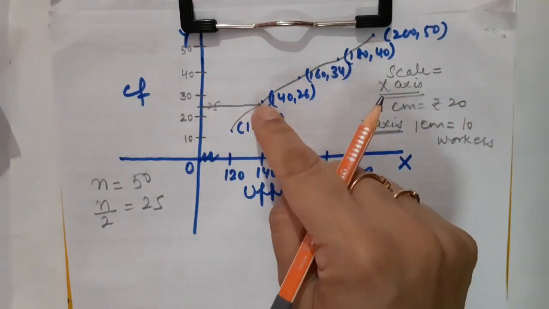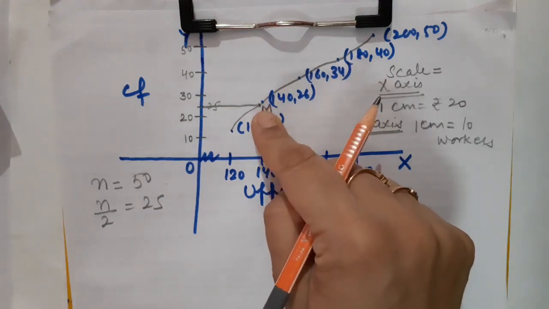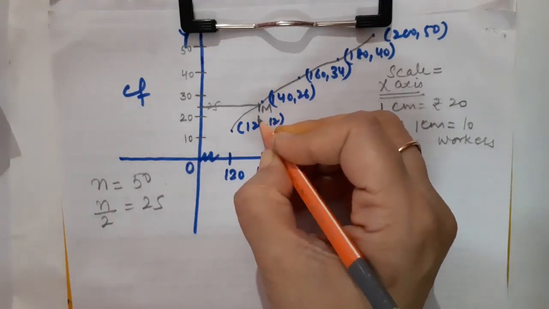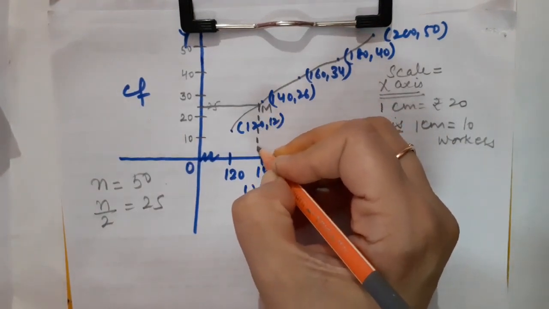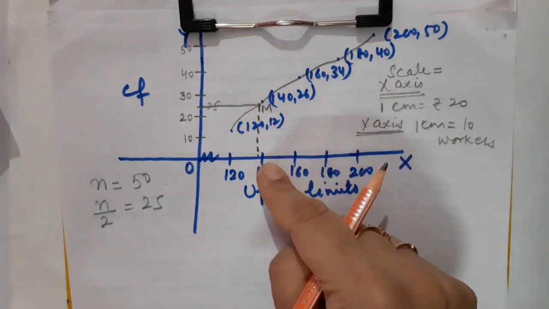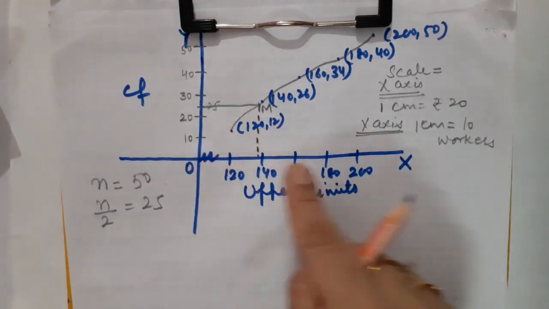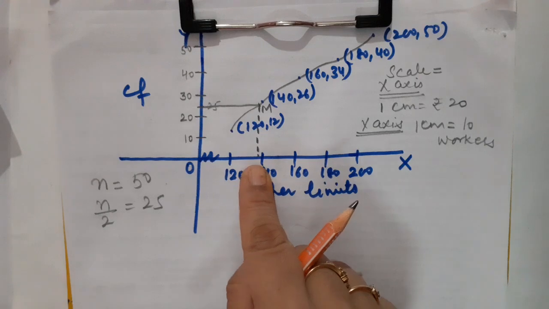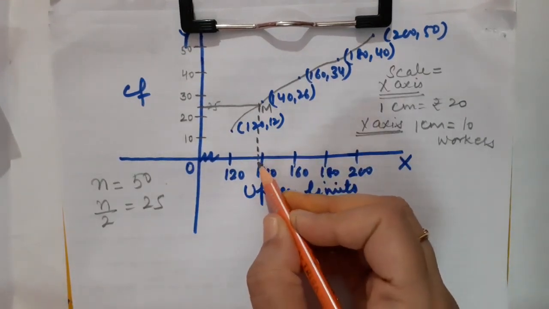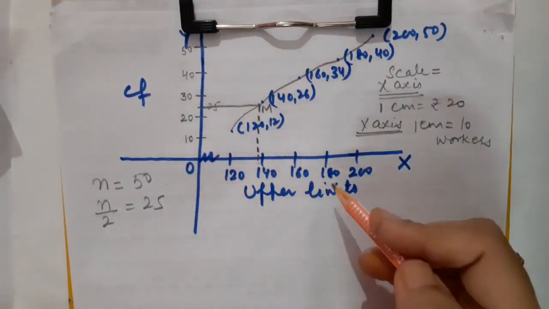Now children, from this point you are supposed to draw a perpendicular to x-axis. You can draw it with a dotted line also, or you can just draw it using a scale. Fine. Now the abscissa of the point of intersection of this perpendicular with the x-axis is known as the median of the data. So approximately we can say that 139 will be the median of this less than type ogive.